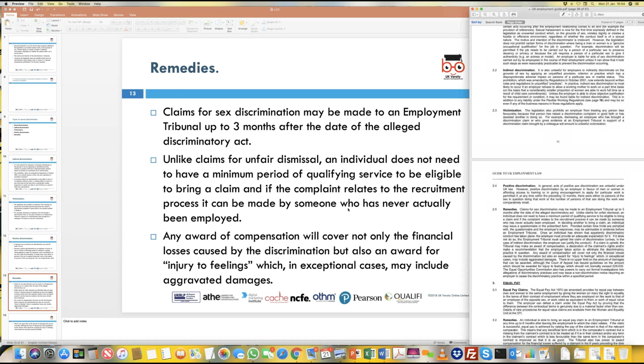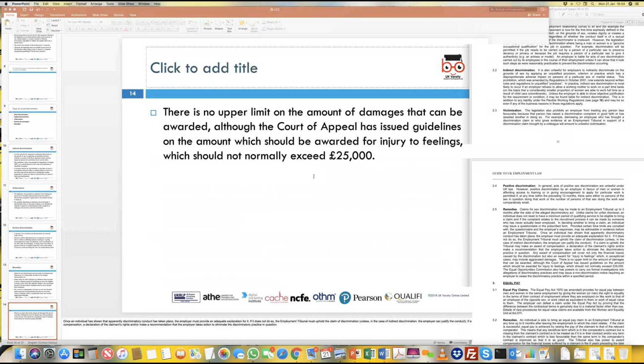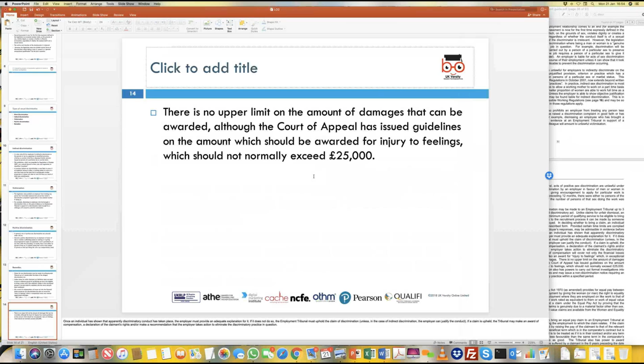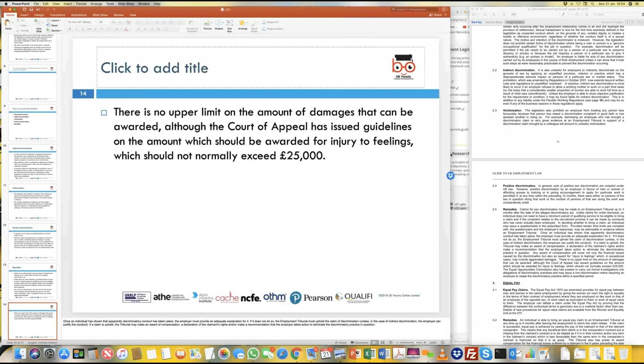An example: in some cases the maximum monetary compensation the employee can get cannot exceed 25,000. But if it is proven in court beyond doubt that discrimination happened, which led to unfair dismissal, and the employee suffered some sort of trauma, loss of confidence, not being able to work, or depression, then the compensation can be higher under the Equal Opportunities Commission, which allows the employee to seek more damages from the employer.